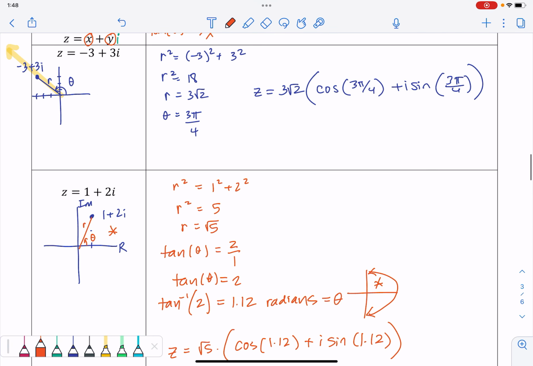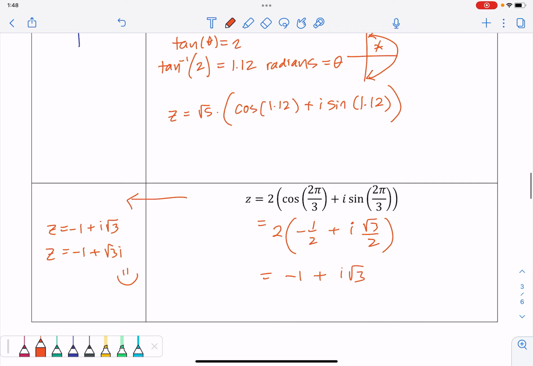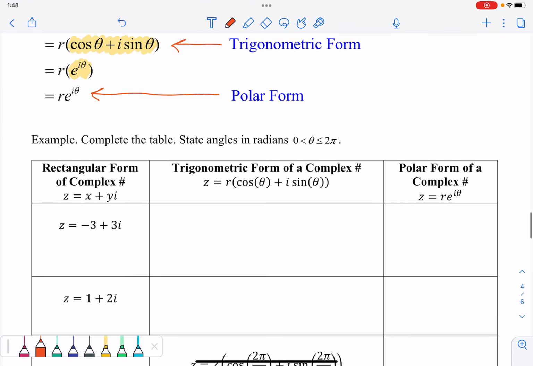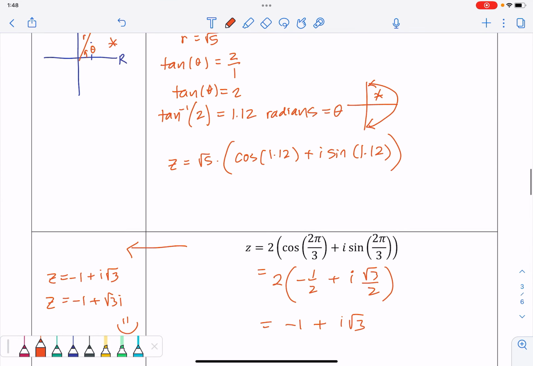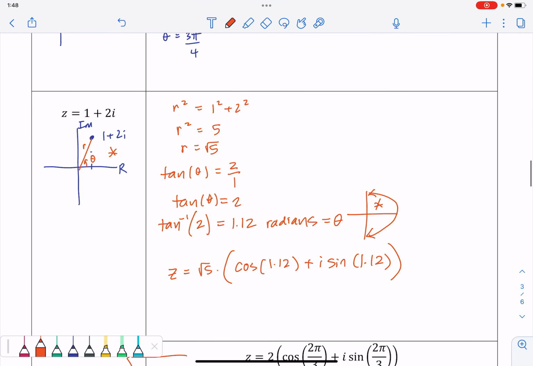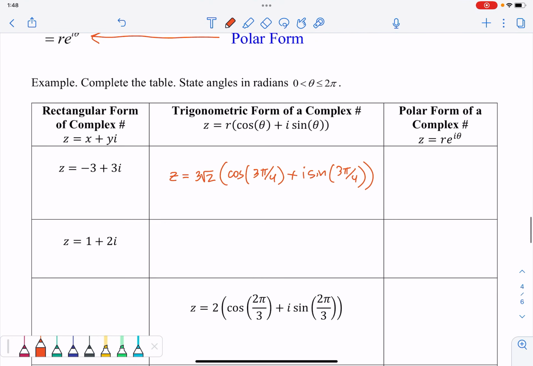So I had 3 root 2 and 3 pi over 4 for this first one. So I said this was just z equals 3 root 2 cosine 3 pi over 4 plus i sine of 3 pi over 4. So this is us just getting our table ready. What did we have for that second one? We said this was root 5 and 1.12 for the angle.